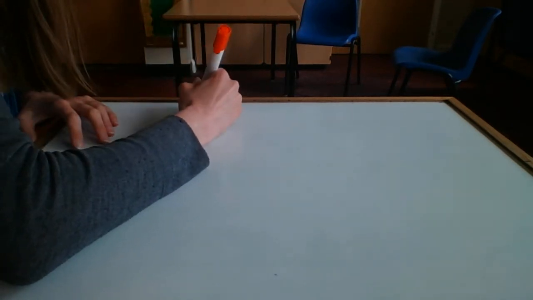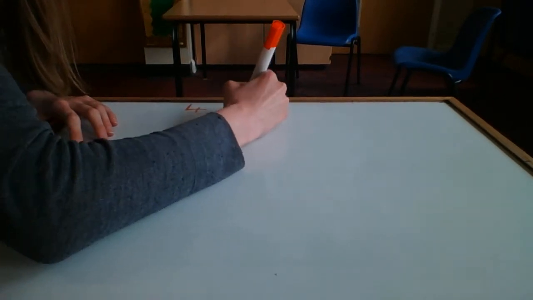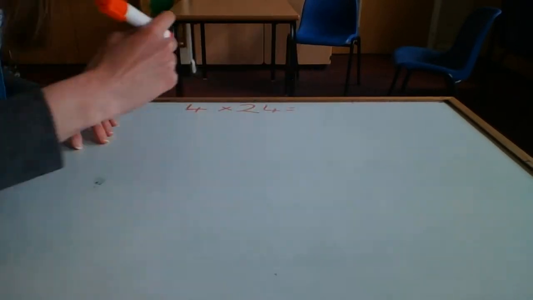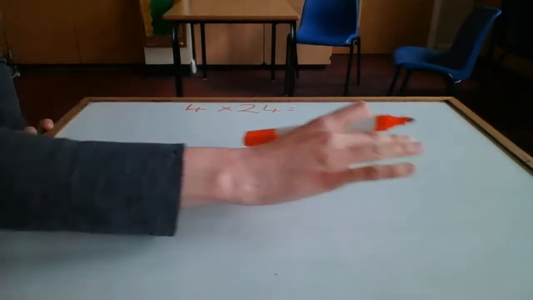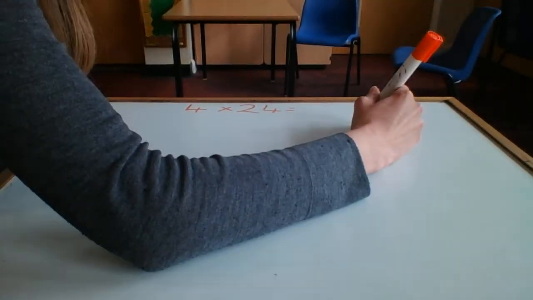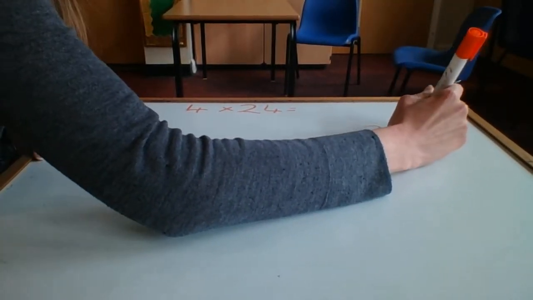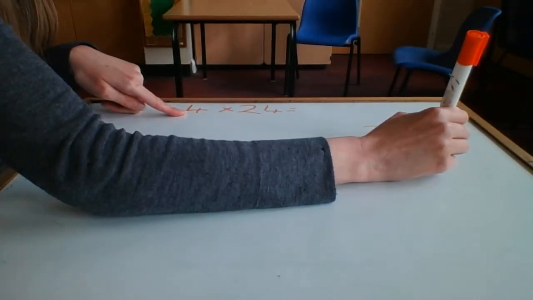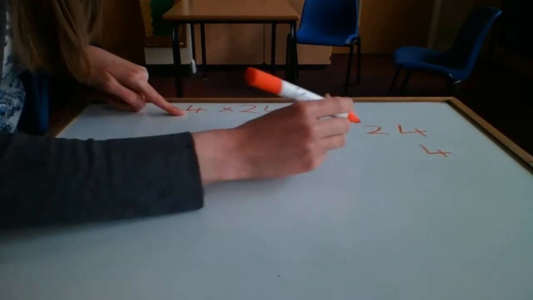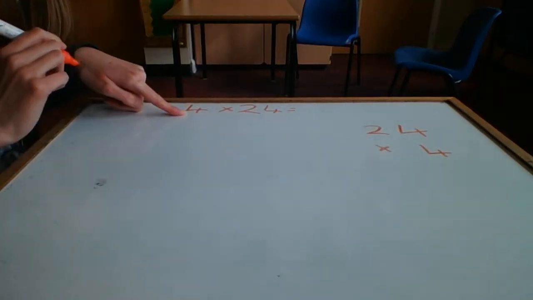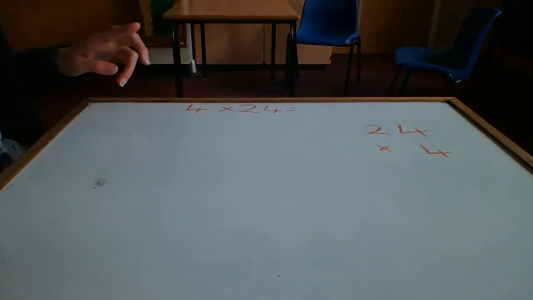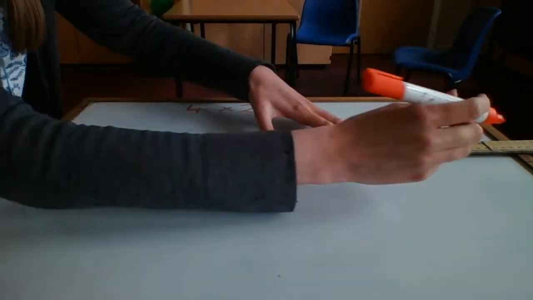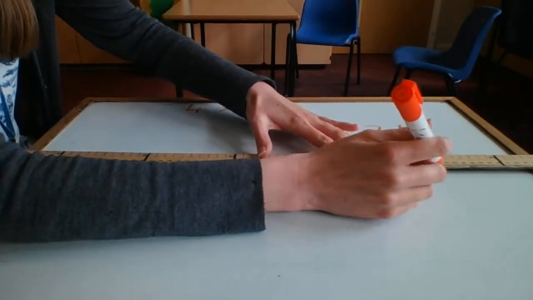And what we're going to do is write it in column method like yesterday. Largest number goes first, so 24. And then that 4 needs to line up in the ones column underneath and a multiplication symbol. And then with a ruler, draw our equals sign.